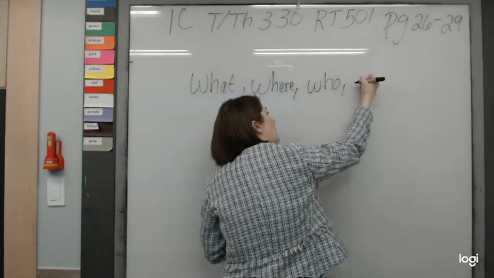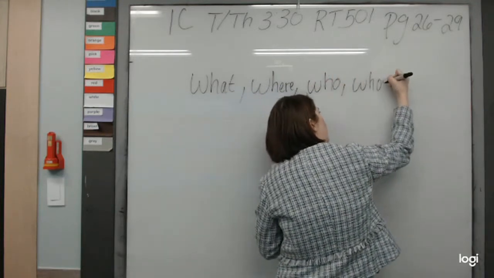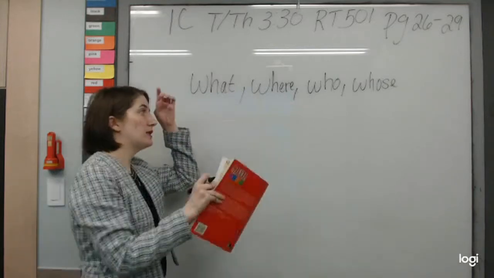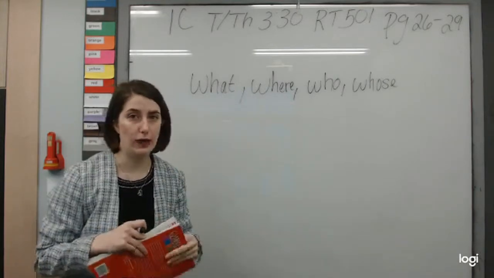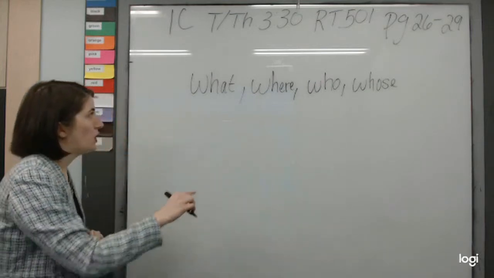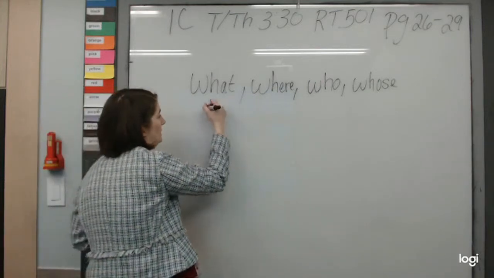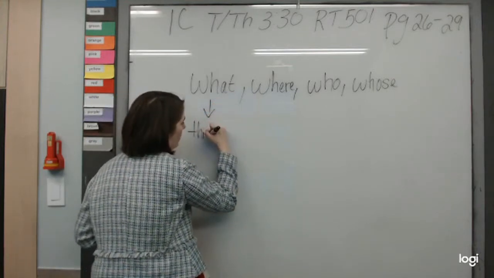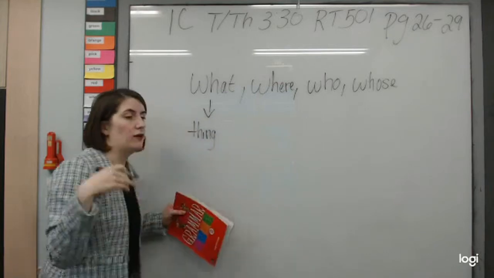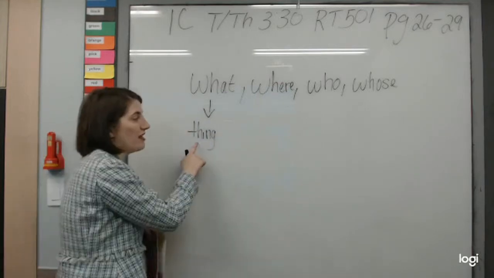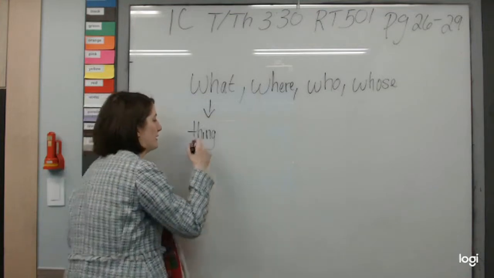Typically, there are more WH questions, but we are just going to use these four for now. We're not going to use why or when this time. So, what? What tells us thing. Thing, like what are you doing? What is that? So, thing, action, right? Thing in action.